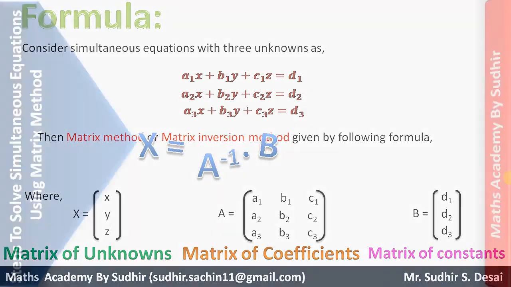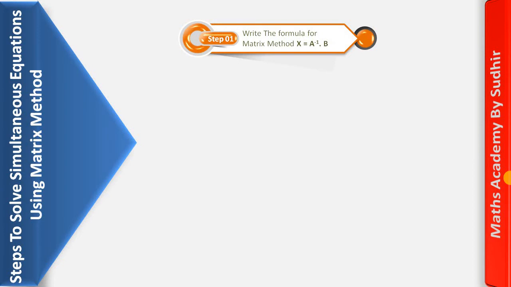So let's see what the steps are to solve simultaneous equations using the matrix method. Step 1, write the formula for the matrix method, which is X is equal to A inverse into B. The next steps are for finding A inverse.